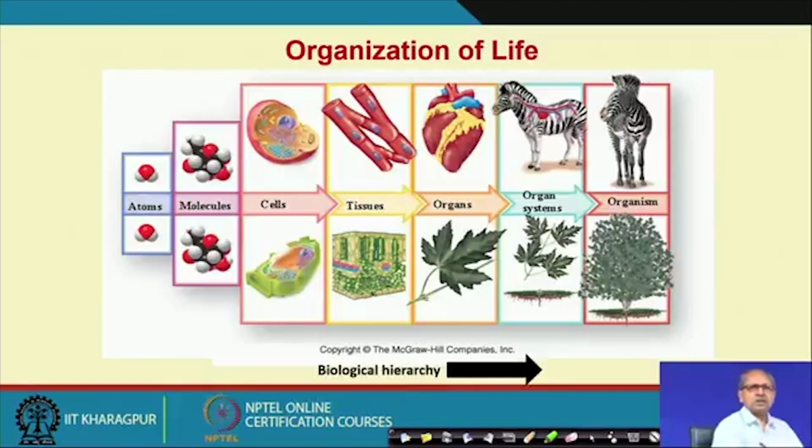So, these cells are organized into tissues, then tissues into organs, then organ systems, then whole organisms. This hierarchy is obeyed in all types of higher organisms, and the cells are composed of molecules and atoms.